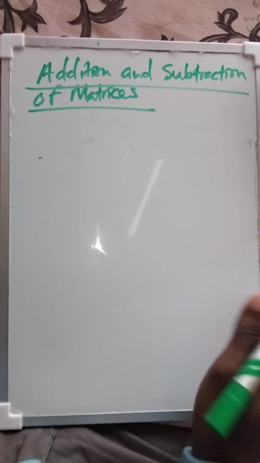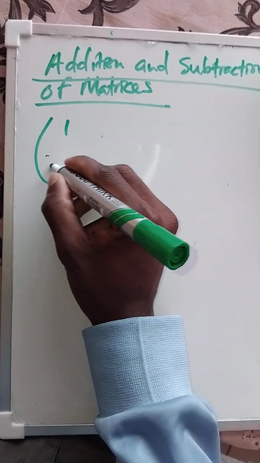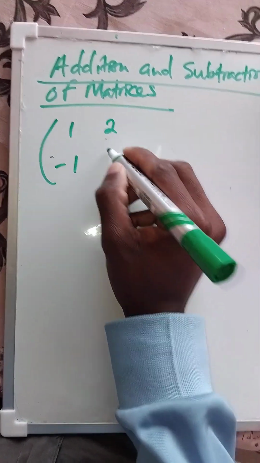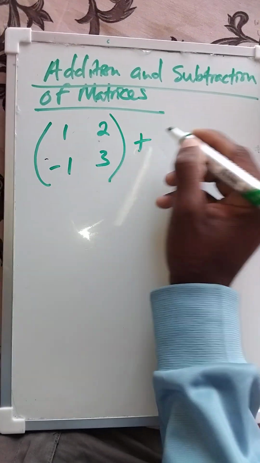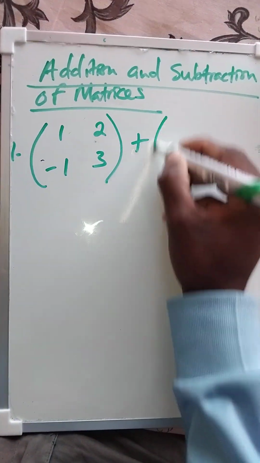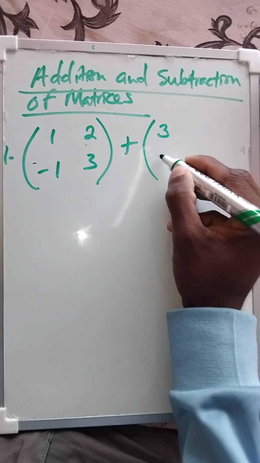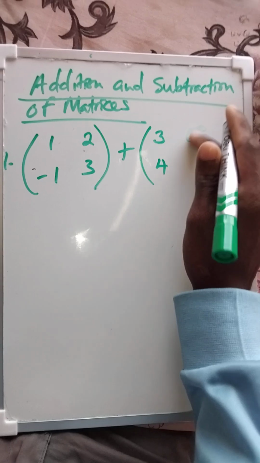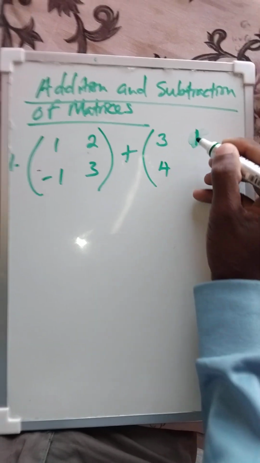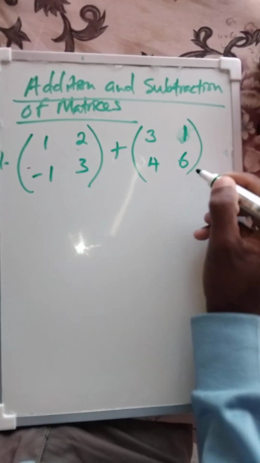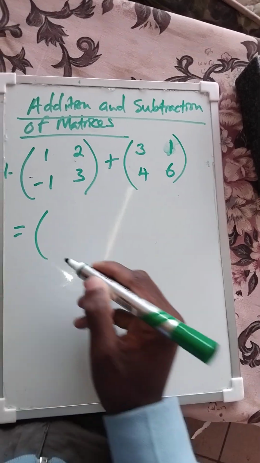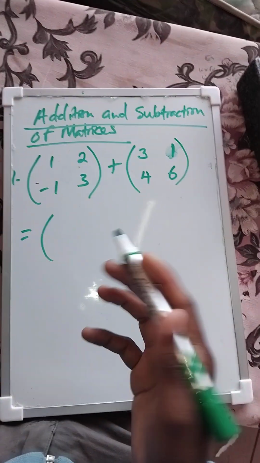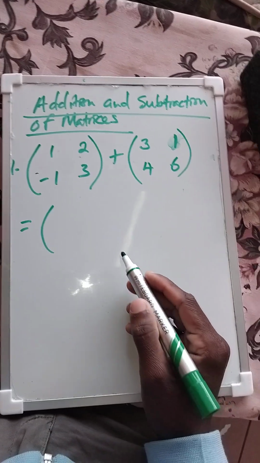So for example, we have 1, -1, 2, 3 plus 3, 4, 2, 1, 6. So we combine the corresponding elements.